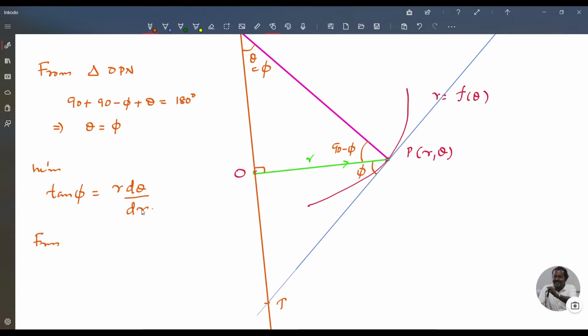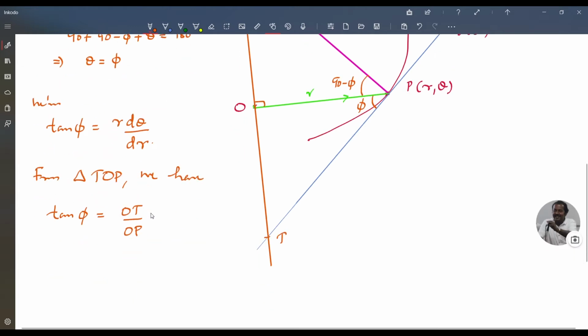From triangle TOP, we have tan phi equal to OT by OP. You can see that tan phi is OT divided by OP.